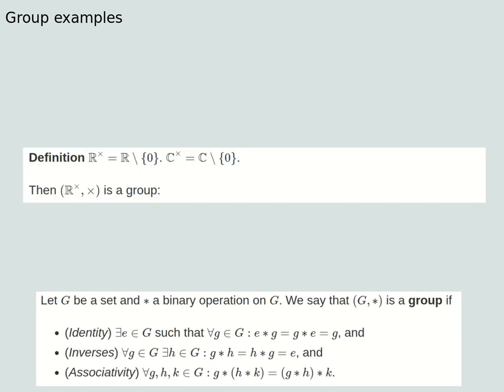Alright, so there are some things which are groups. Let's look at something which is not a group. So if we take the natural numbers together with the binary operation addition, well, addition really is a binary operation on the set of natural numbers N. So remember, that means the set 0, 1, 2, 3, and so on. But this is not a group.